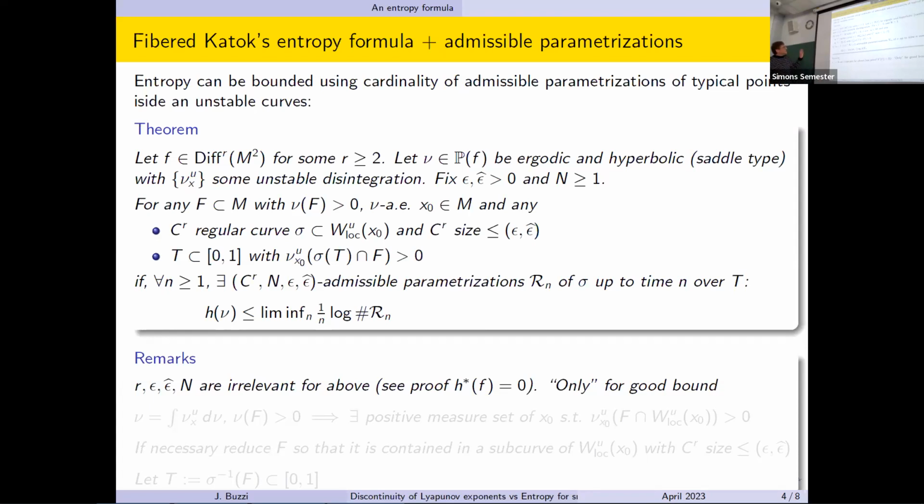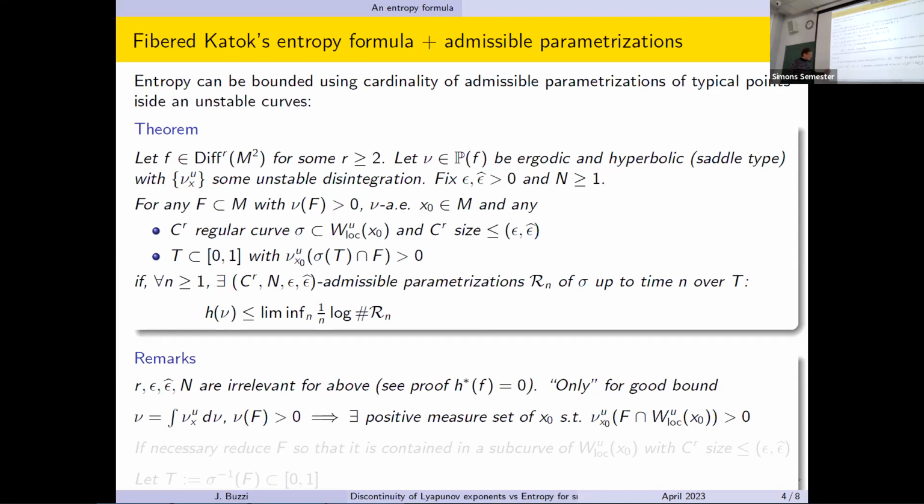Okay, so the parameters are just because we want to apply it to a case where we have a good bound, and when F is just C2, we don't have a good bound for that number, but abstractly it doesn't depend on that.